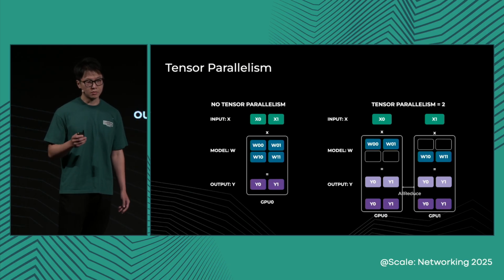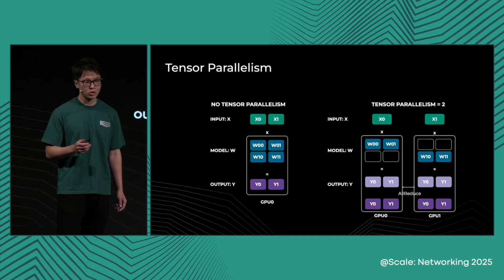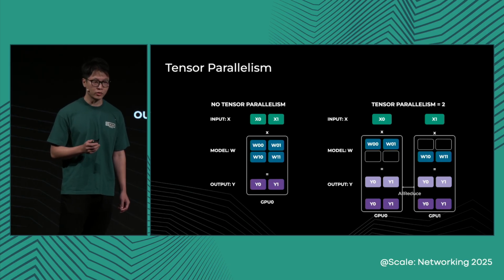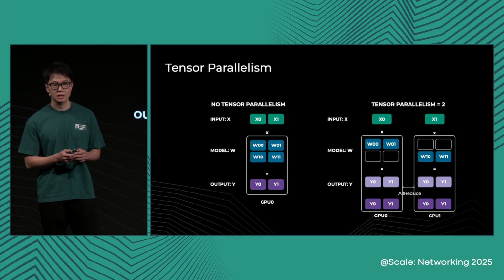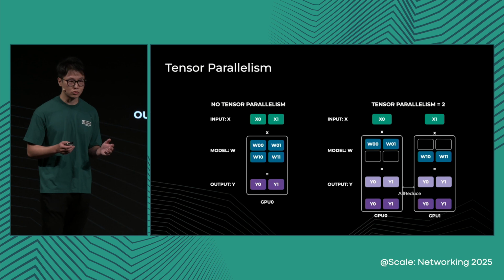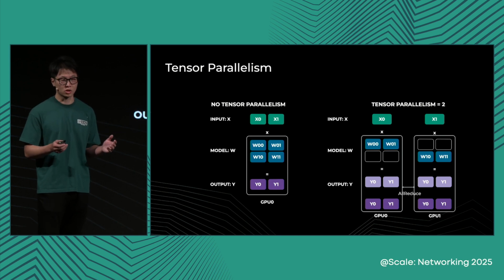You multiply the sharded model weight with x0 and x1 respectively, and you get a partial result y. Now, in order to get the original y output, we have to run an all-reduce to aggregate the results back. So basically, tensor parallelism allows us to fit a larger model across multiple GPUs, but we have to introduce an extra collective all-reduce at the end.